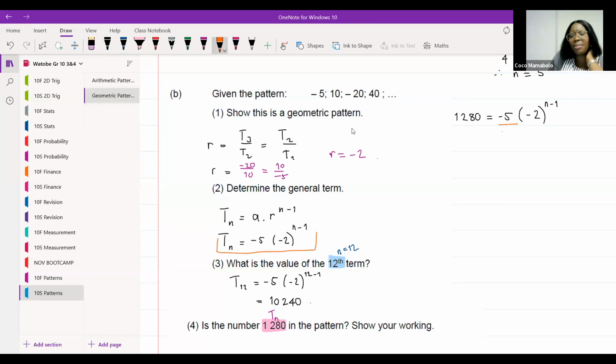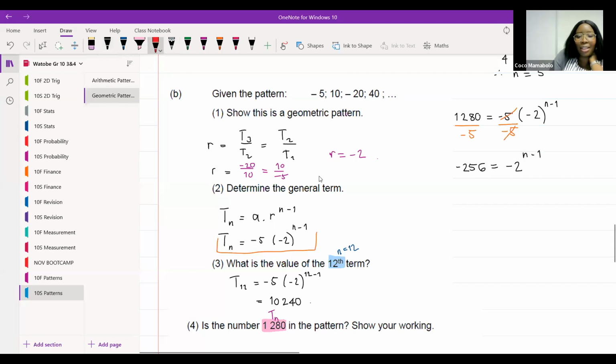You must divide both sides by -5. Okay, punch it into your calculator for me: 1280 divided by -5. That's going to give me -256. Good. -256 is now equal to -2 to the power of n minus 1.